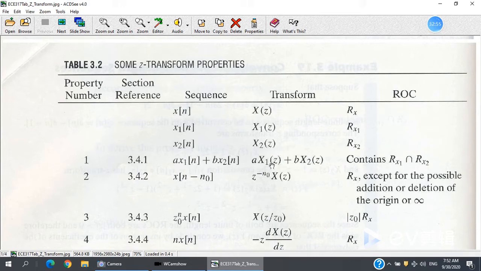Of course, we also need to consider the ROC. What is the ROC after you do this combination? It might be larger. It will contain R1 intersection with R2.